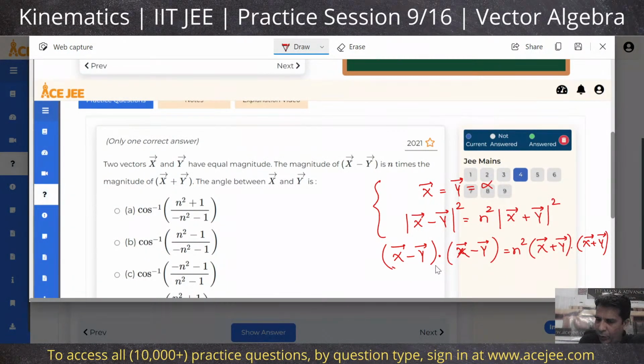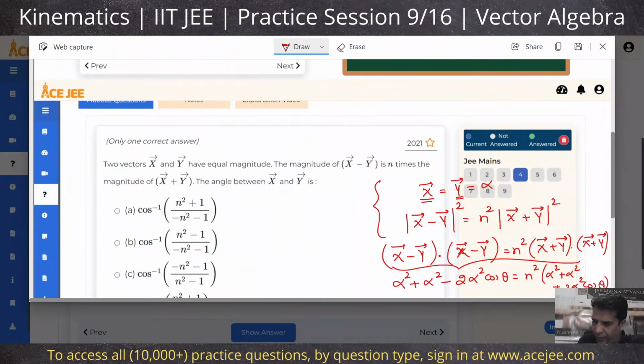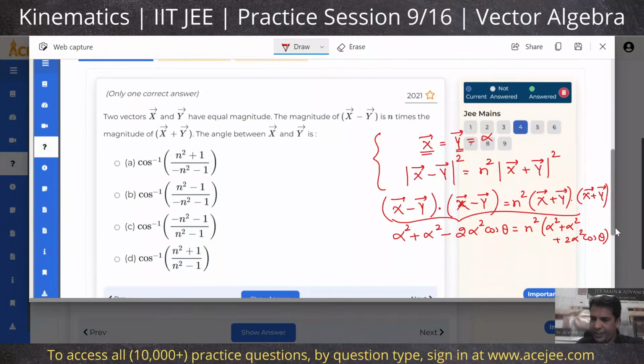Now, if you use the fact that the magnitude of x and y is alpha, then you will have alpha square plus alpha square minus 2 alpha square cos of the angle between the two equals n square alpha square plus alpha square plus 2 alpha square cos of the angle between them, which is exactly what we did in the very first one.